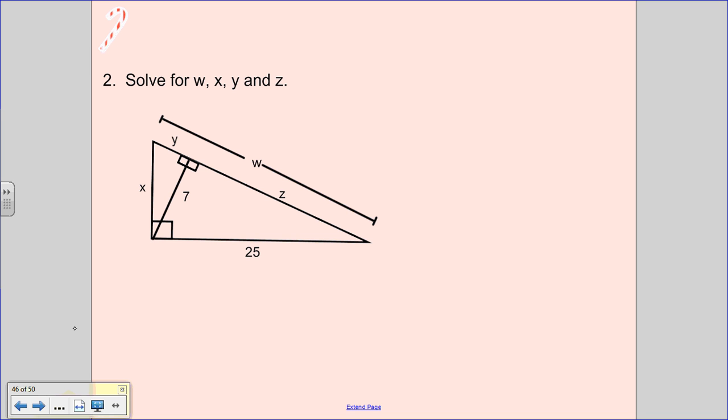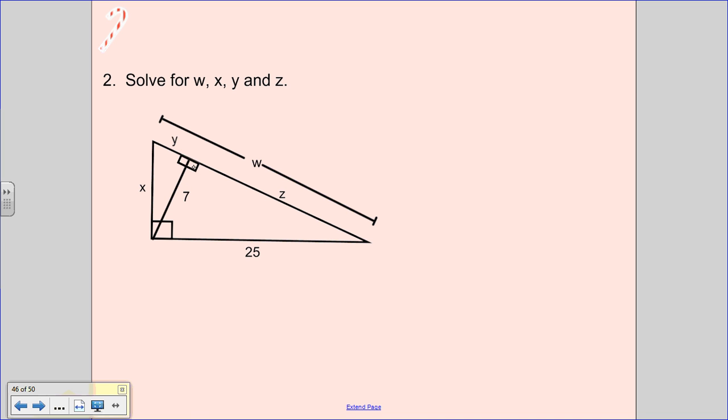Again, we're going to solve for w, x, y, z. You can find z because z would be the leg of this medium right triangle. And since it's the leg, we have one other, the smaller leg at 7.